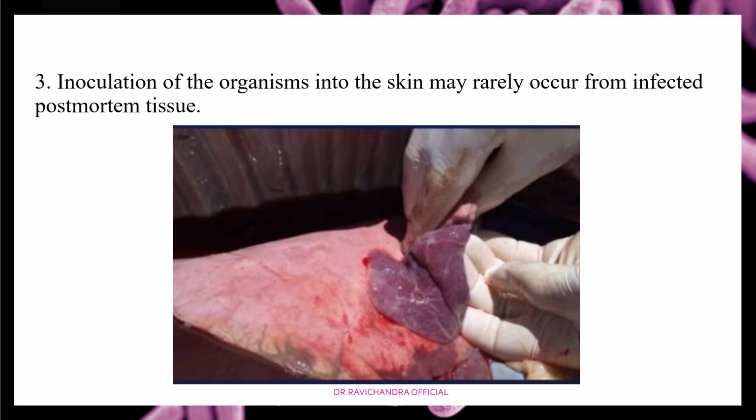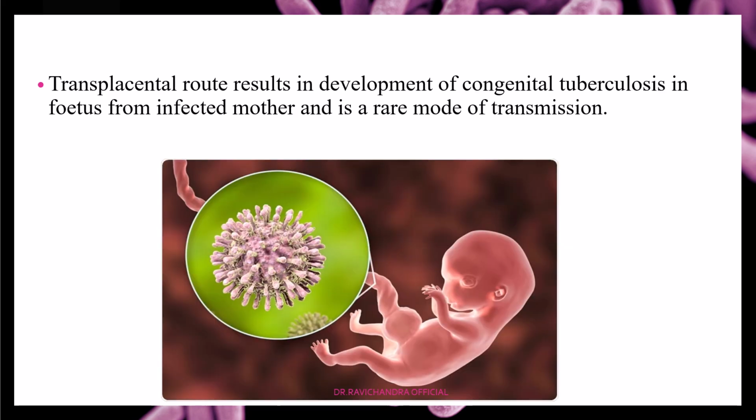Inoculation of the organisms into the skin may rarely occur from infected post-mortem tissue also. The transplacental route results in the development of congenital tuberculosis in the fetus from an infected mother, and it is a rare mode of transmission.